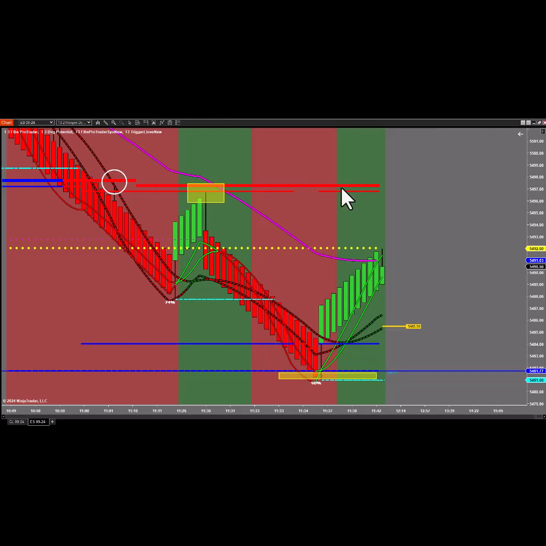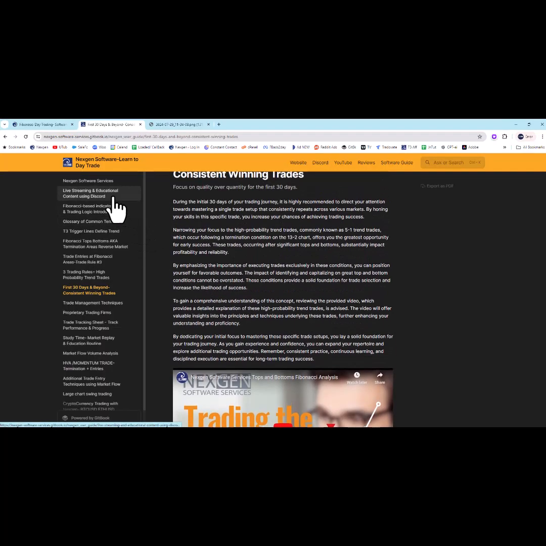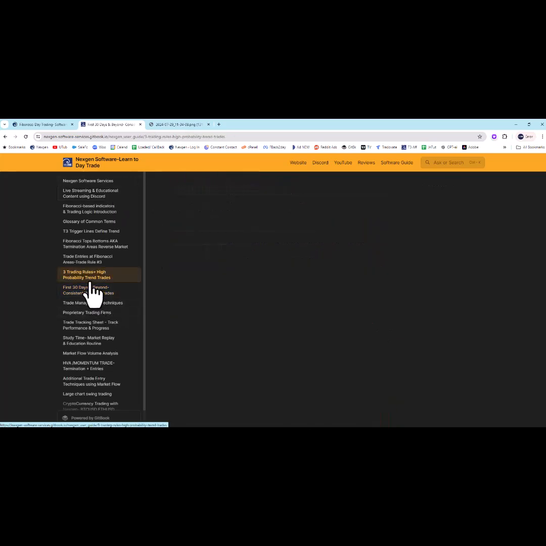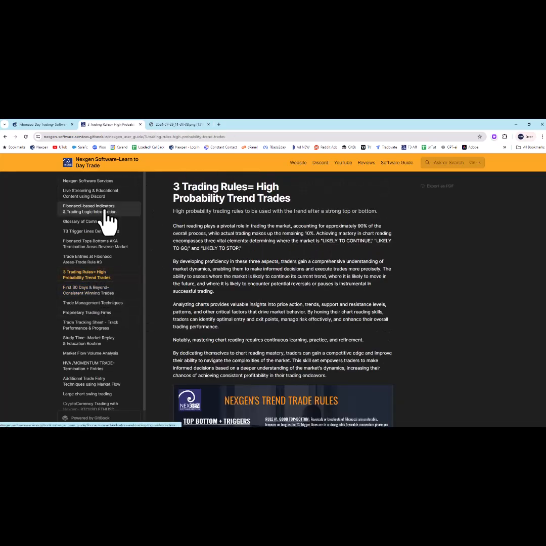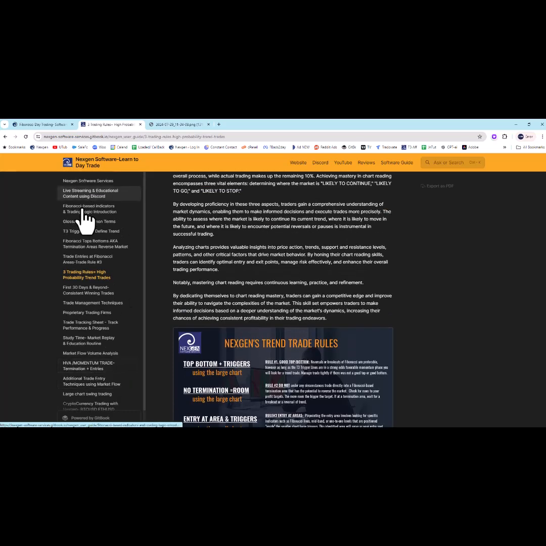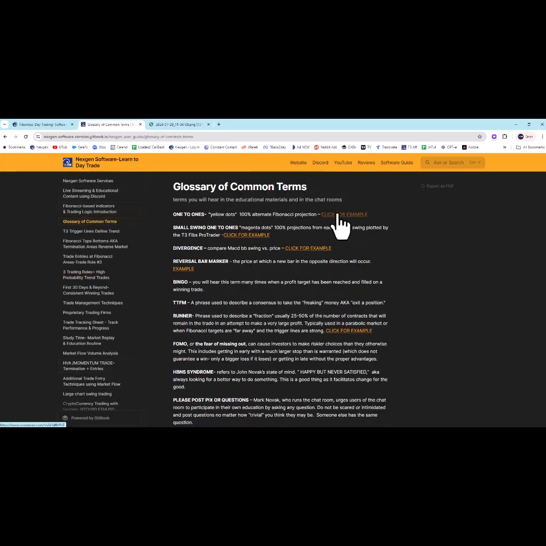I mean, I can tell you, and look, just so you know where it is, just for fun. So in the glossary of commonly used terms, just so you know where it is, there's an example of what the one-to-ones big swings are.